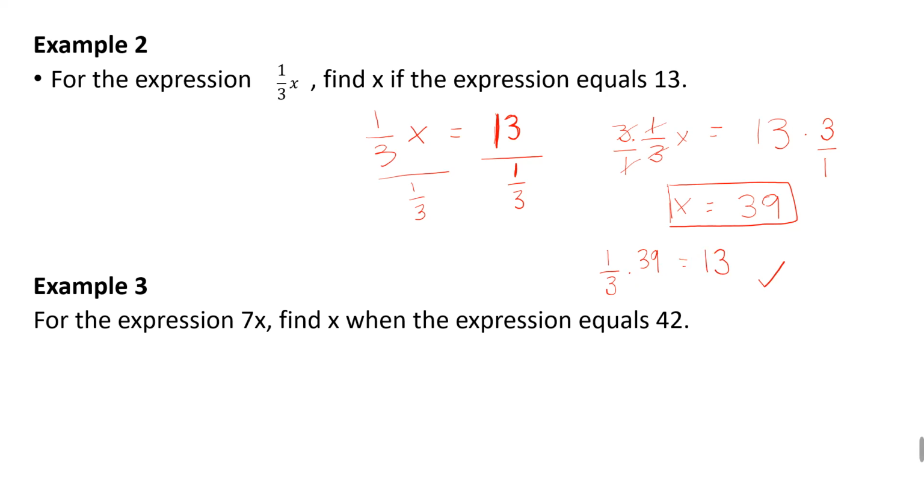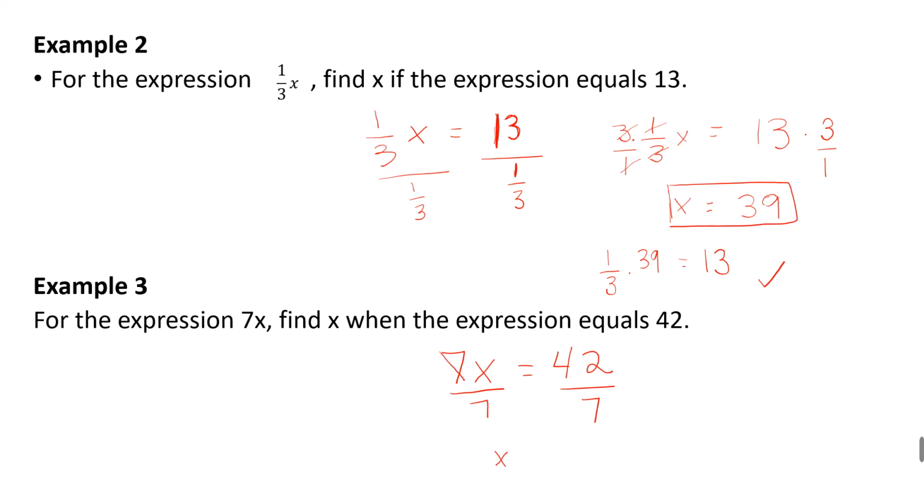Moving on to example 3. For the expression 7x, find x when the expression equals 42. So when does 7x equal 42? So we have 7 times x. If we have 7 times x, the way to get the 7 out of the way would be to divide by 7.